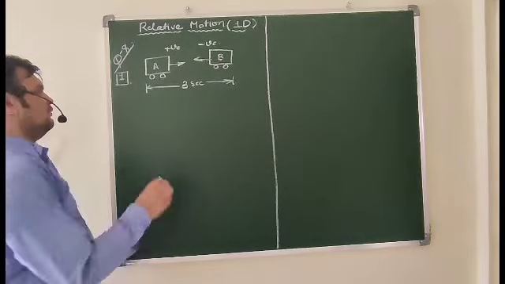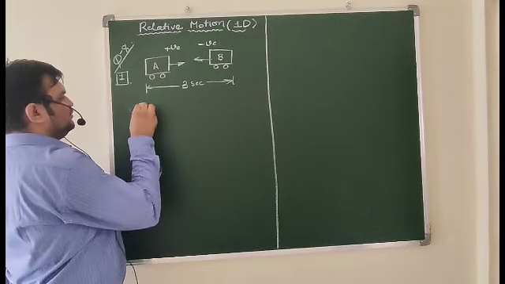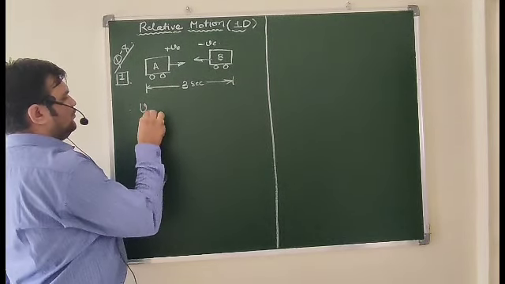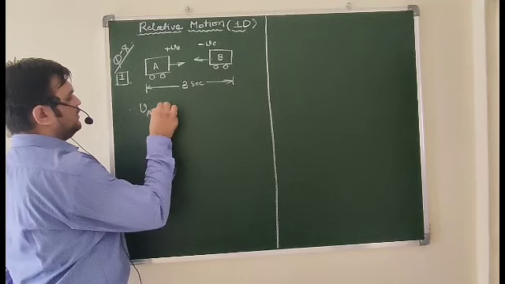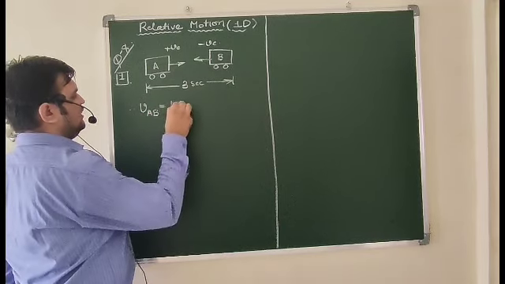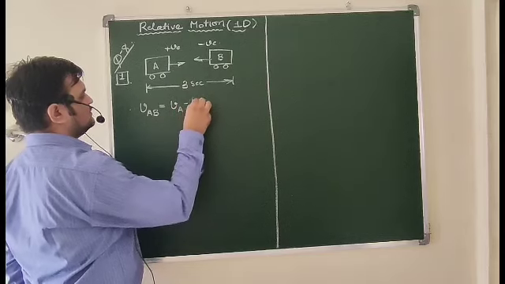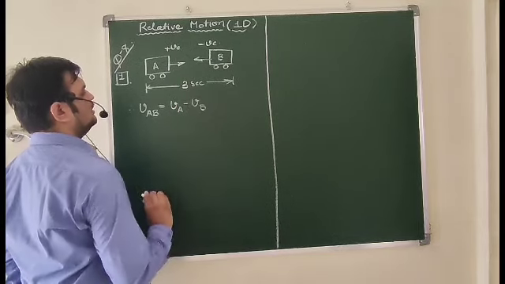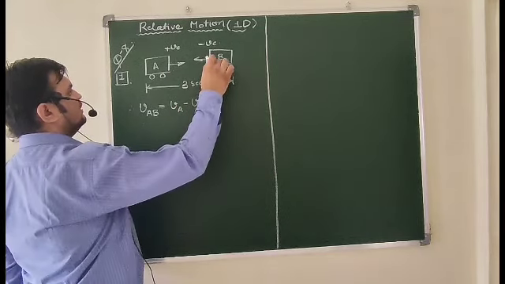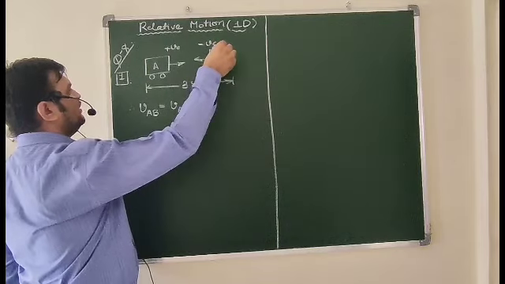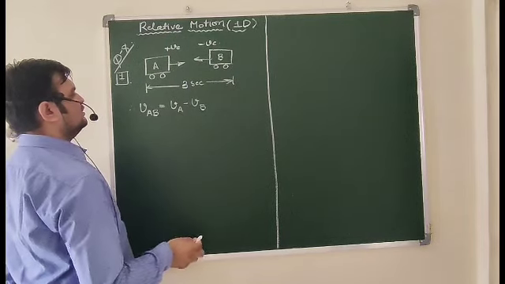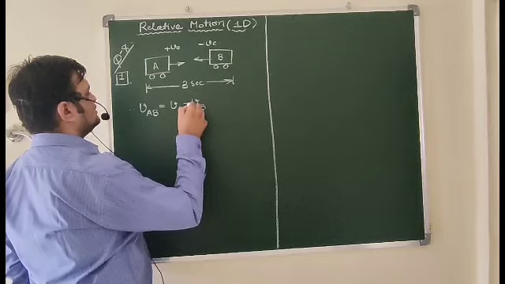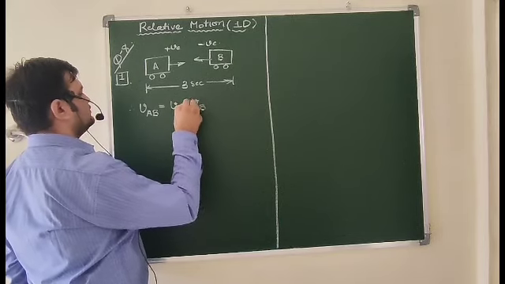So here, the relative velocity of train A with respect to B is VA minus VB, but here train B is moving in the opposite direction, so VB is considered as minus VB.